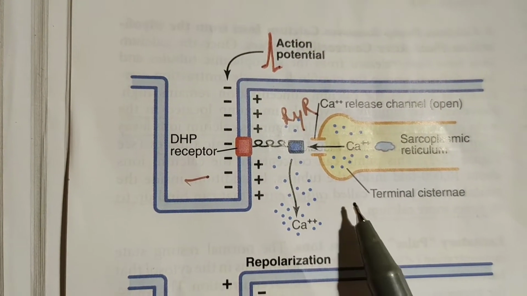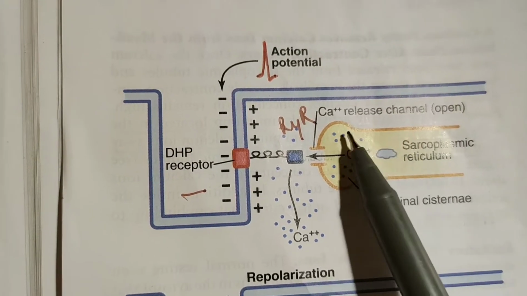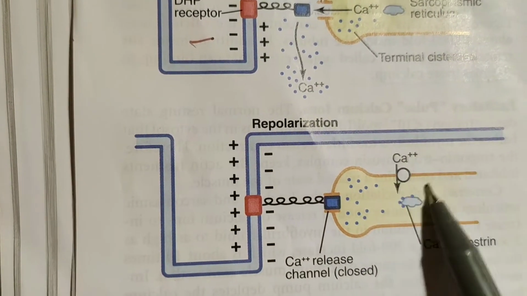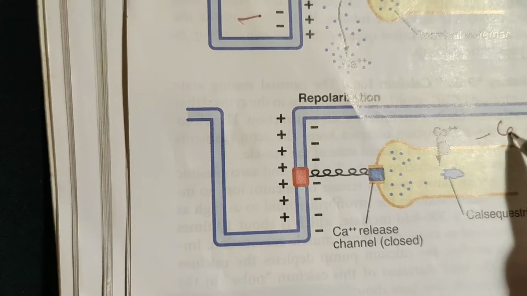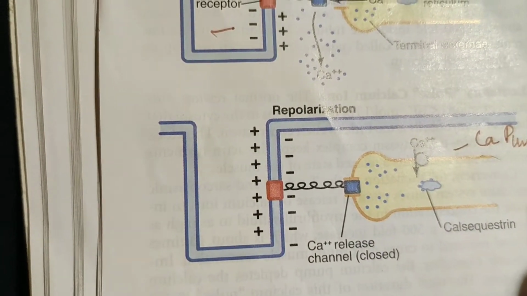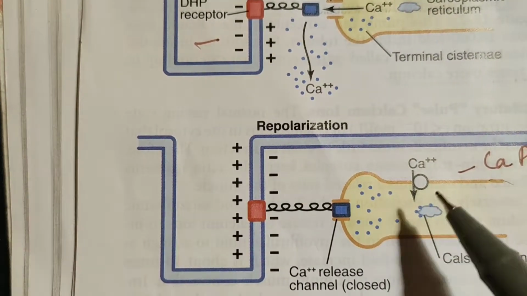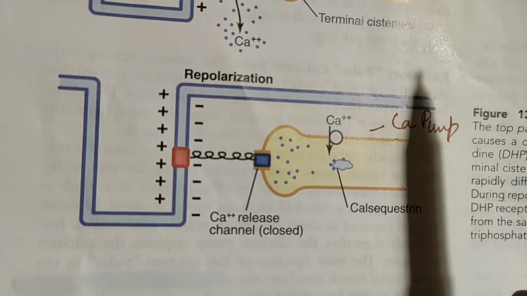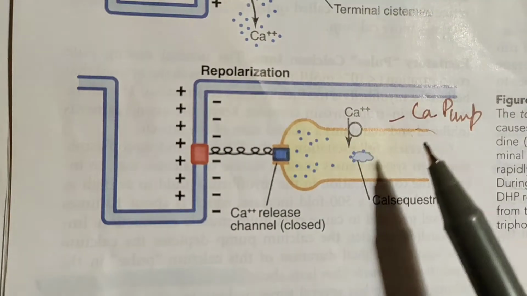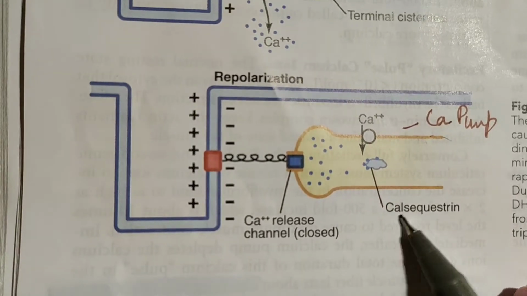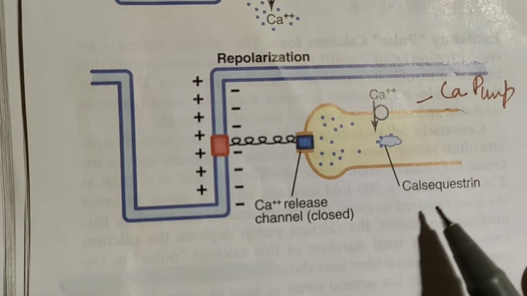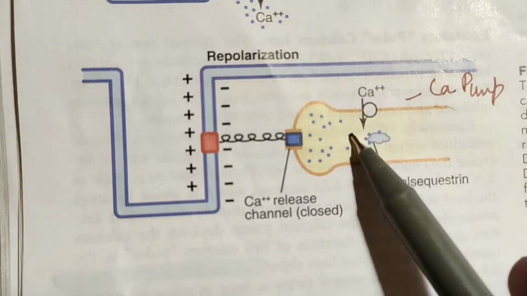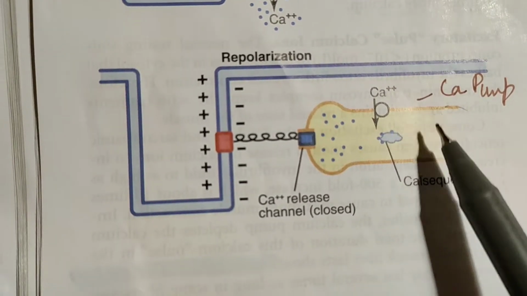When the contraction is over, the sarcoplasmic reticulum has calcium pumps, which pump the calcium ions away from the myofibril into the sarcoplasmic reticulum. There is a protein inside the sarcoplasmic reticulum, calsequestrin, which binds with the calcium ions.